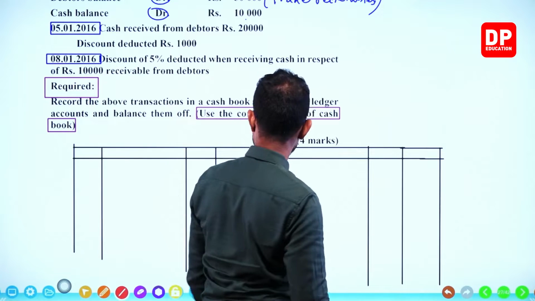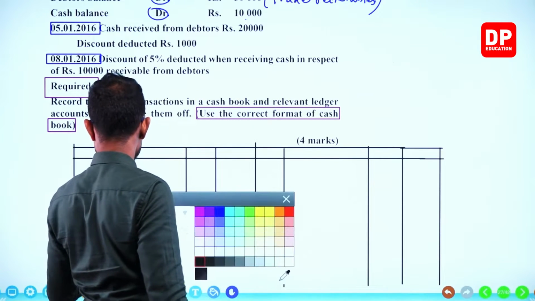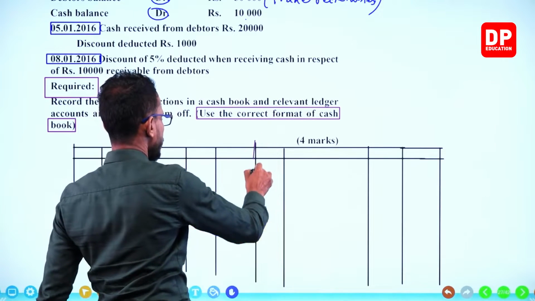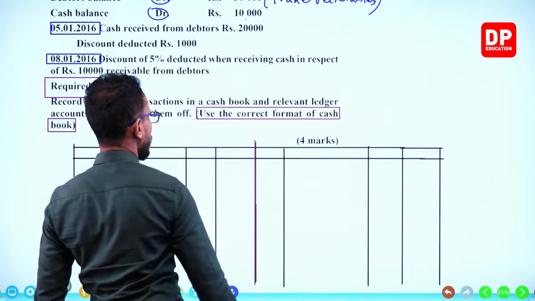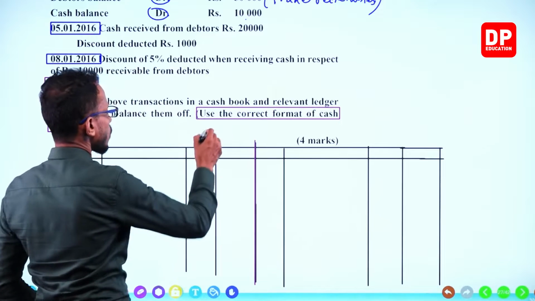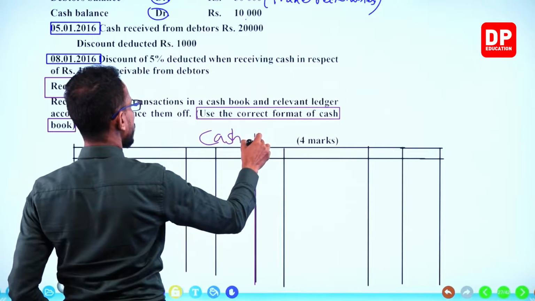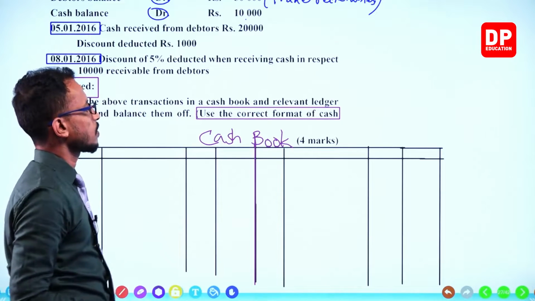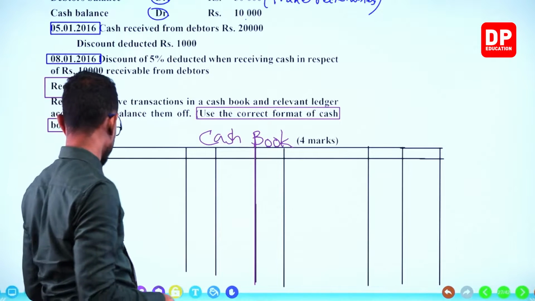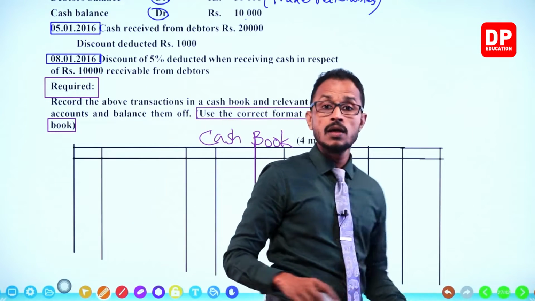Done. This is the center line. Cash book. Okay, done.